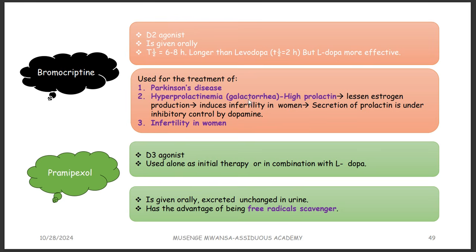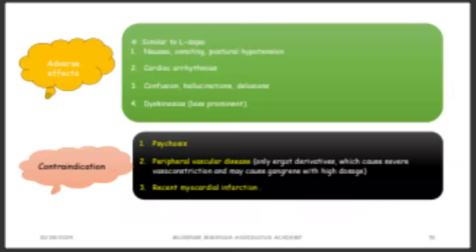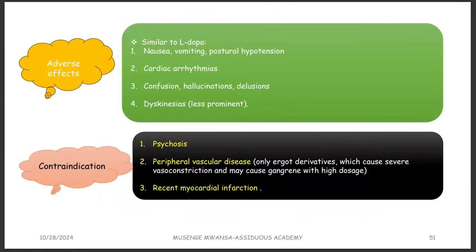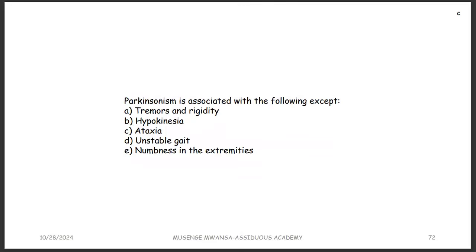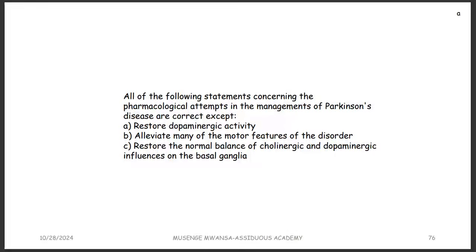So it can be used for treatment of infertility in women because it's fighting against the high prolactin. While pramipexole is a free radical scavenger, meaning that it can attach to these free radicals and so help in those conditions. The side effects are generally the same as with levodopa.